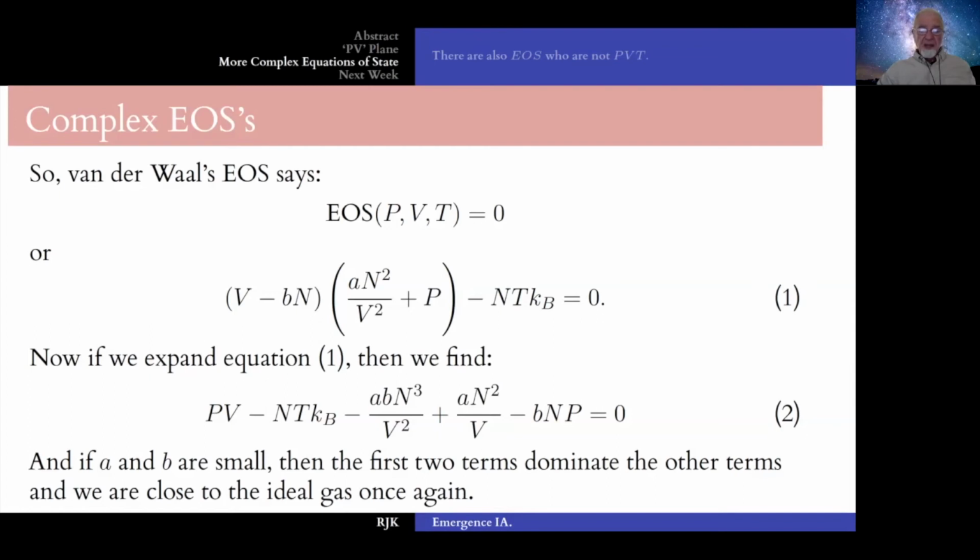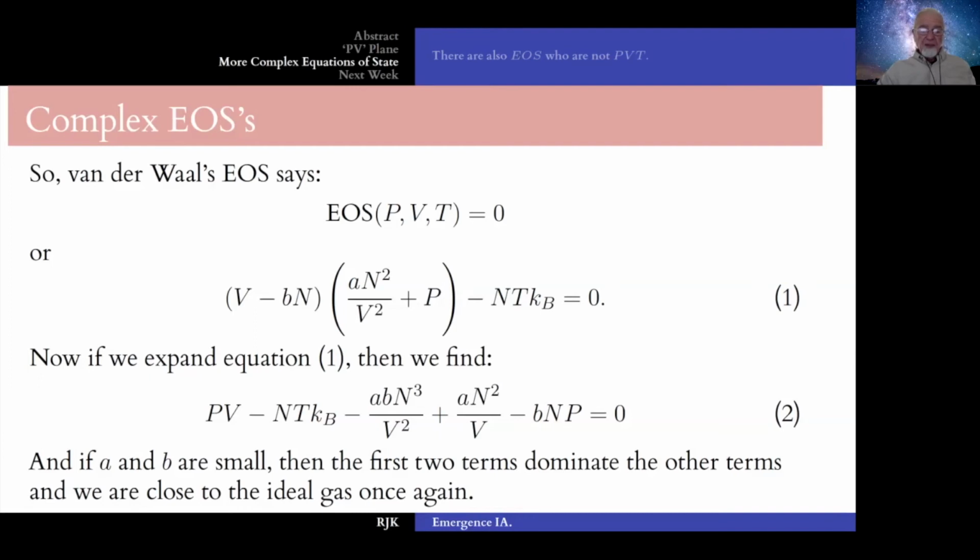Boltzmann's constant times temperature. So if we expand this, we have the initial term PV, and we have N T k_B, that's the other portion of the ideal gas law. So we have those two terms.